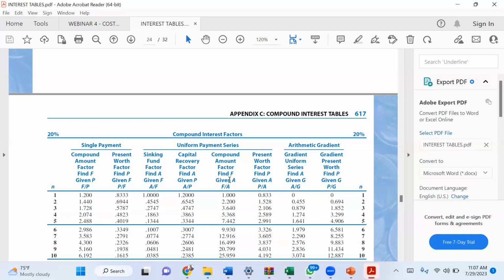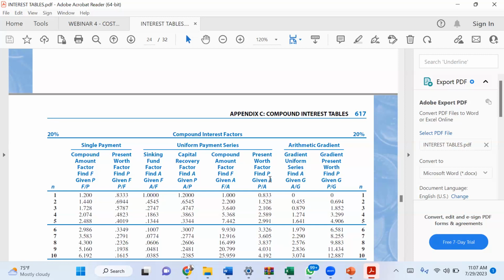This one is that I'm compounding. This one is sinking. Then if you look at capital recovery and present worth, they are opposite of each other. This one says find A, given P. This one says find P, given A. So you can see that, technically speaking, you need to have mastery of just 3 economic parameters.